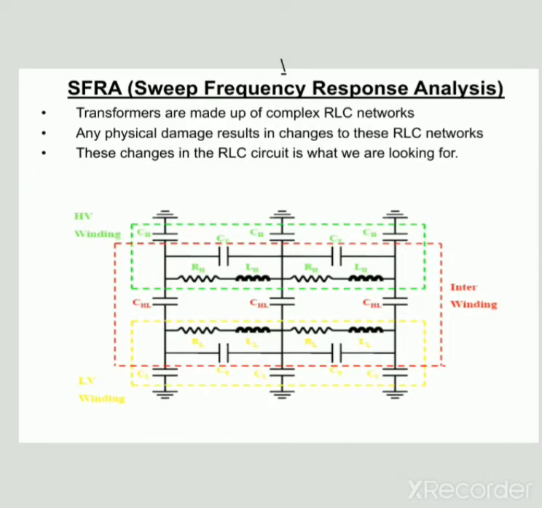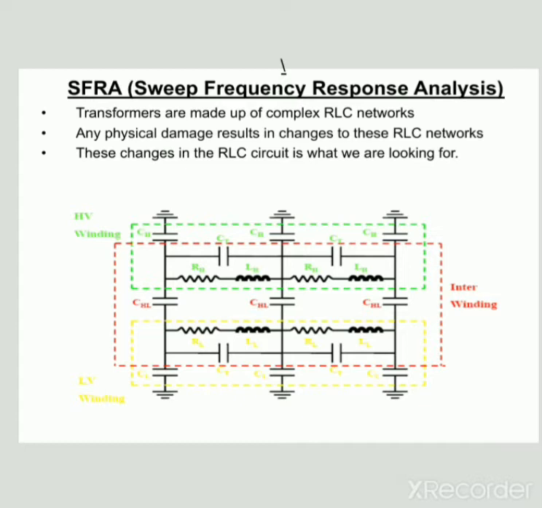Next one is the most important part, that is the SFRA, called sweep frequency response analysis. Sweep frequency response analysis is important because transformers are made up of complex RLC networks. In electrical engineering circuits, three parameters are important: resistance, inductance and capacitance.